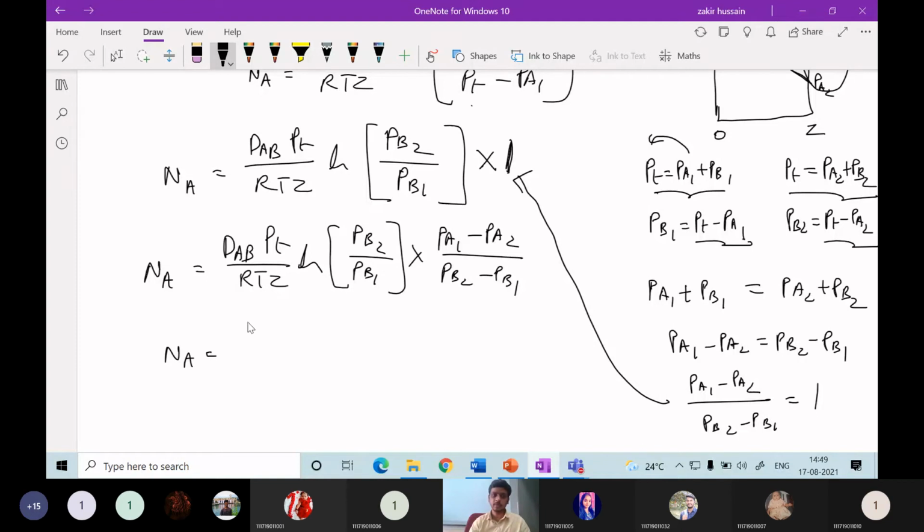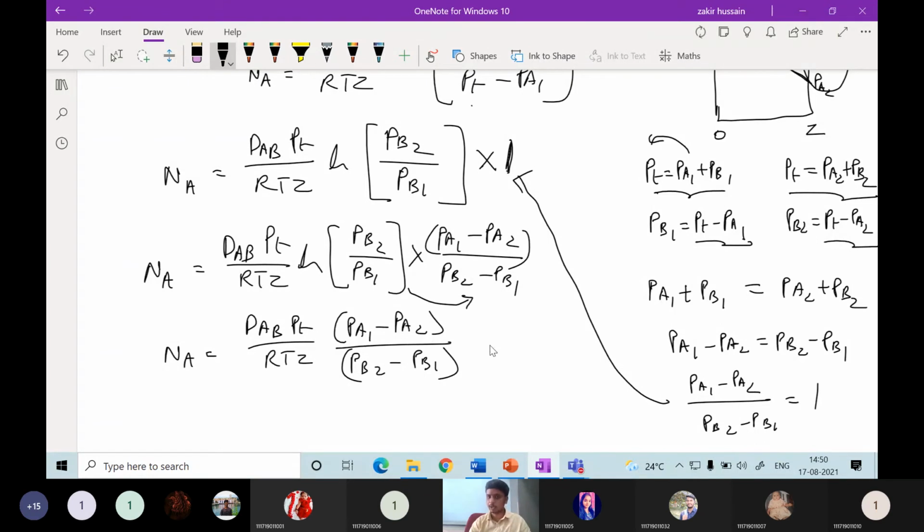So we can write NA is equal to DAB PT by RTZ, with PA1 minus PA2 in the numerator, PB2 minus PB1 in the denominator, and this carried to the extreme denominator, that is ln PB2 by PB1.